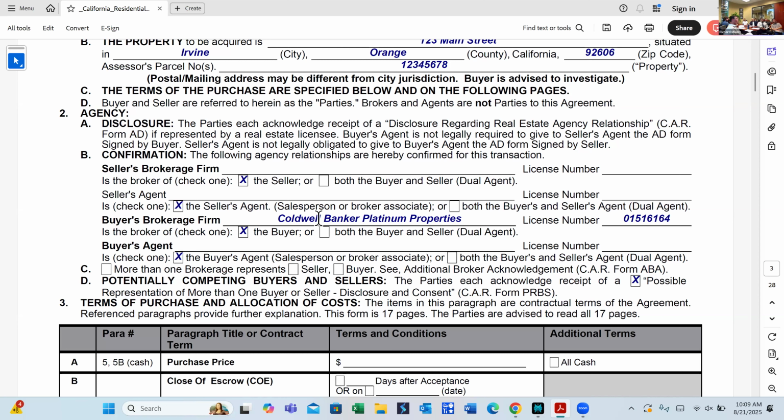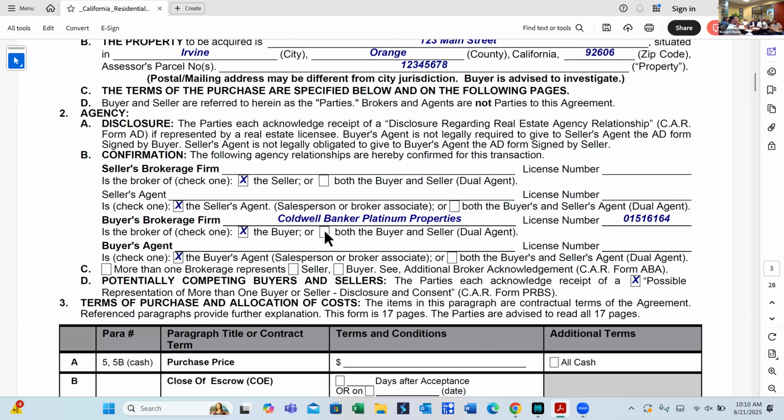And then where it states buyer's brokerage firm, if it were the same office, we would check the box, both the buyer and seller. As a matter of fact, the zip forms, when you check the box under section 2B, specifically under the seller's brokerage firm, it is going to automatically default for the buyer's brokerage firm to be checked also in the same capacity.